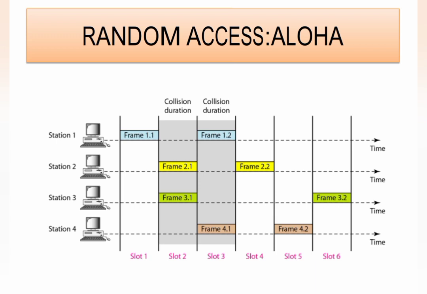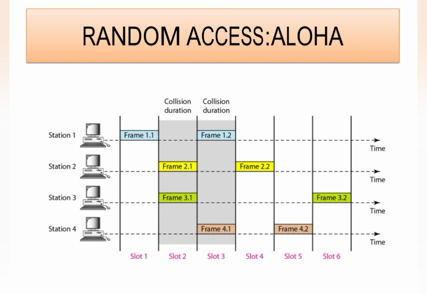Here there are 4 stations accessing the channel. The time is divided into multiple slots: slot 1, slot 2, slot 3, slot 4, 5, 6 and so on. If a station wants to transmit a frame, it has to transmit only at the synchronized time slots. If it misses a particular time slot, then it has to transmit the frame in the next time slot, that is slot 2.